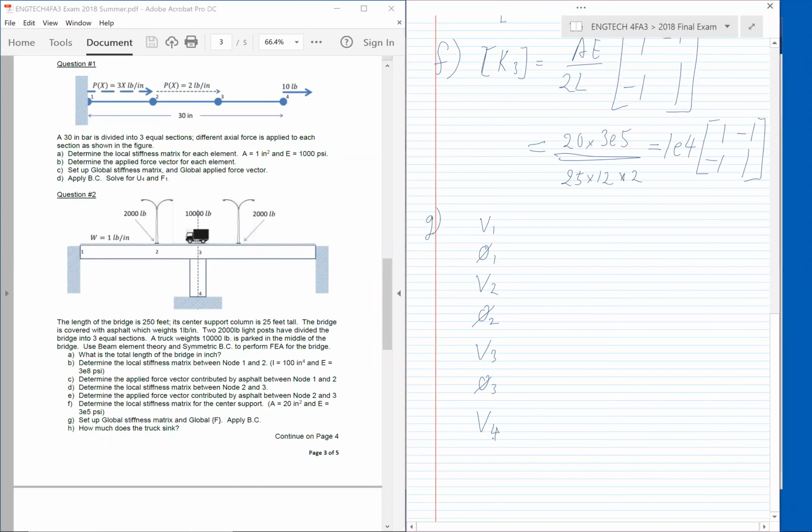So now let's recap. The first element looks after these 4 degrees of freedom. The second element looks after these 4 entries. And then the third element, the rod element, just looks after these.